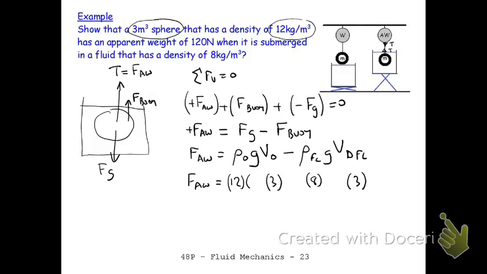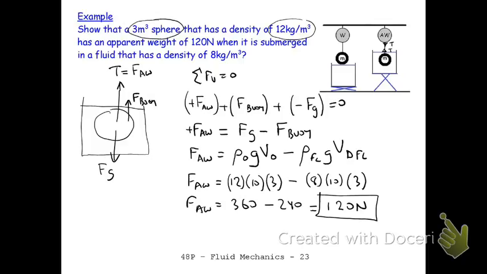And of course g is 10. So F apparent weight is equal to 360 minus 240, which equals 120 newtons. And that's what it said to prove. And so it proved it. Can you see?